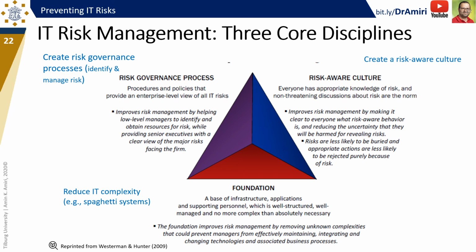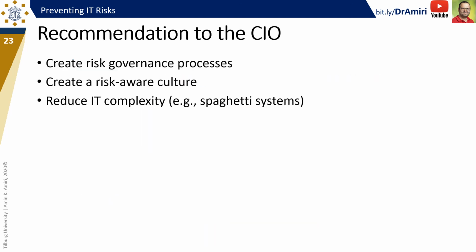When an IT system is complex, it is also quite complex to manage the risk. So again, Westerman and Hunter had three recommendations: create risk governance processes, create a risk aware culture, and reduce IT complexity in the organization. My suggestion to Jim Barton is to take these three recommendations quite seriously, although the governance is in good shape at this stage.